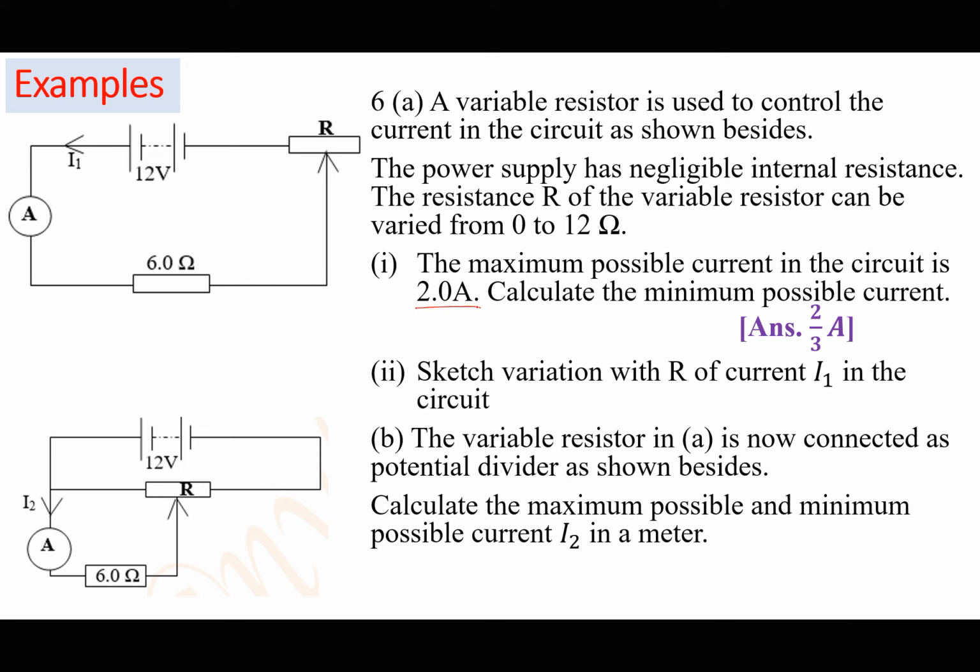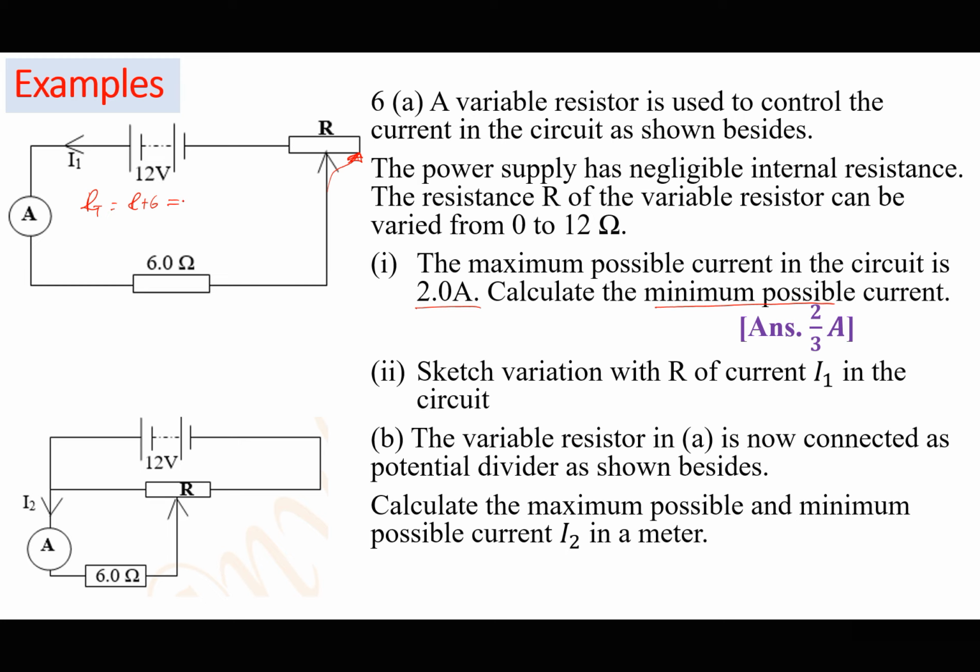So when do we have the minimum possible current? Because current is inversely proportional to the resistance, the resistance must be maximum. How do we have maximum resistance? The sliding contact should be somewhere here so that we have total resistance in series as R plus 6, and R varies from 0 to 12.